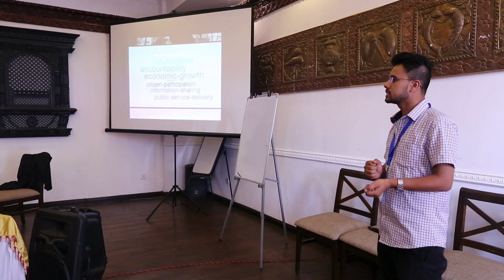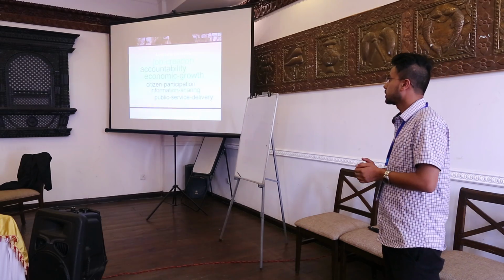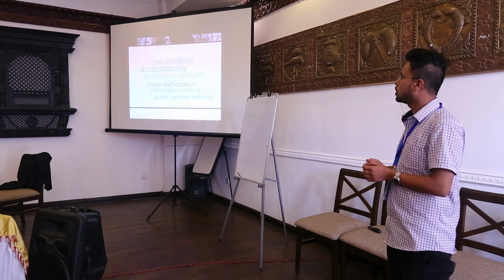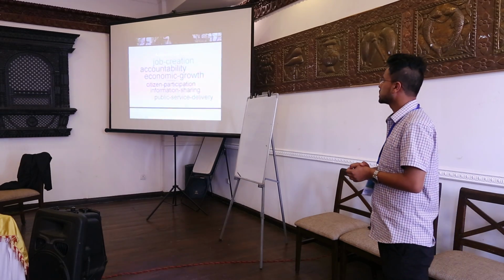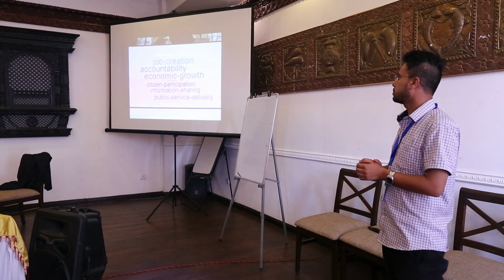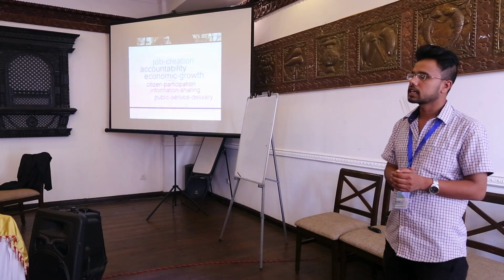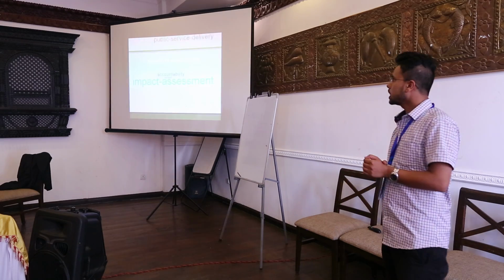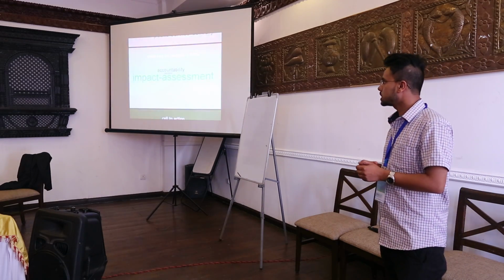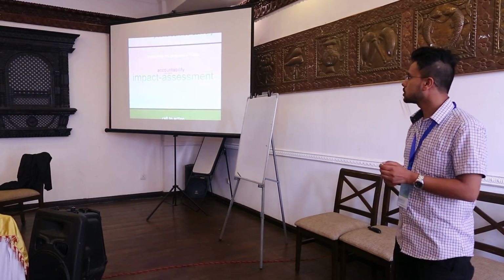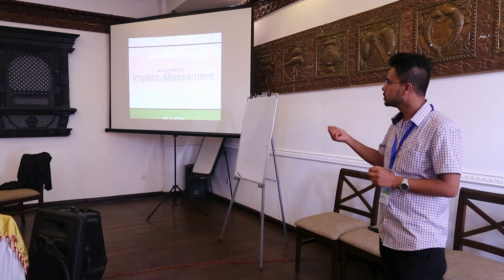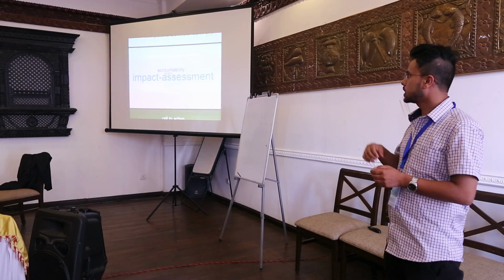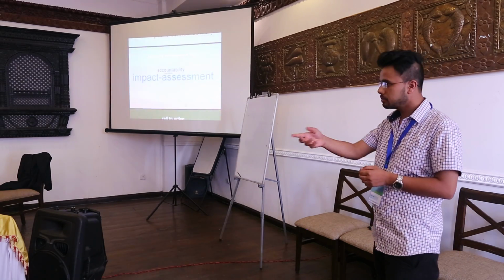Companies like Mapillary, Mapbox, and Kathmandu Living Labs are creating jobs and helping economic growth. Similarly, we can also use the map data for accountability, better citizen participation, information sharing, and improving public service delivery. In measuring the progress of the goals, the data in OpenStreetMap infrastructure can be used to assess the impact of SDG projects. So that is another way it can help.